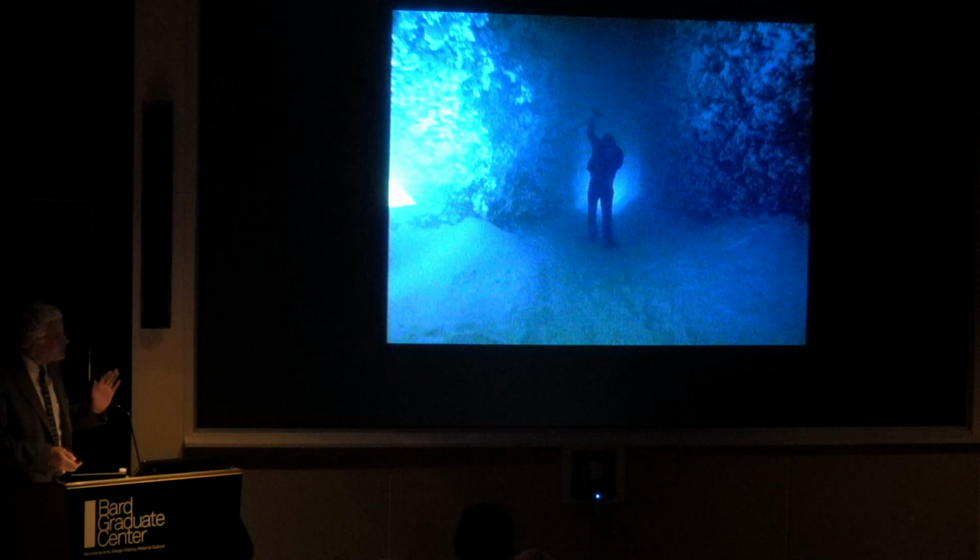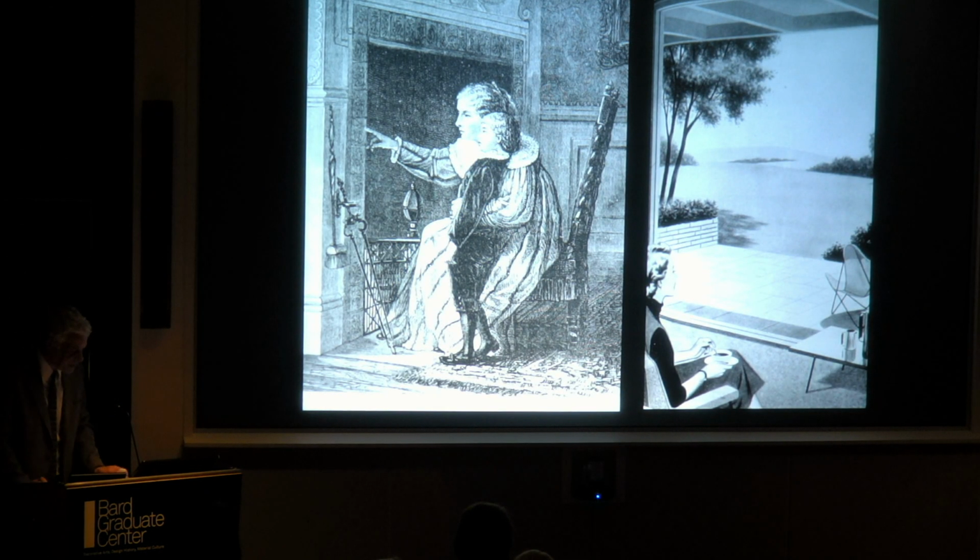So just to summarize and wrap it up, between the mid-19th and the mid-20th century, architectural character shifts in location from the fabric of the house to the house's relationship with the landscape. And this shift is made possible by large pieces of glass.